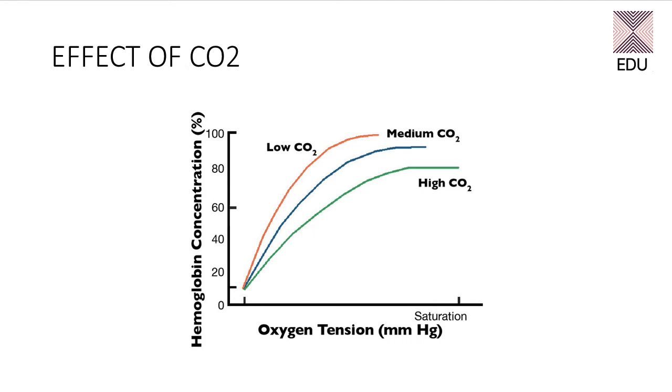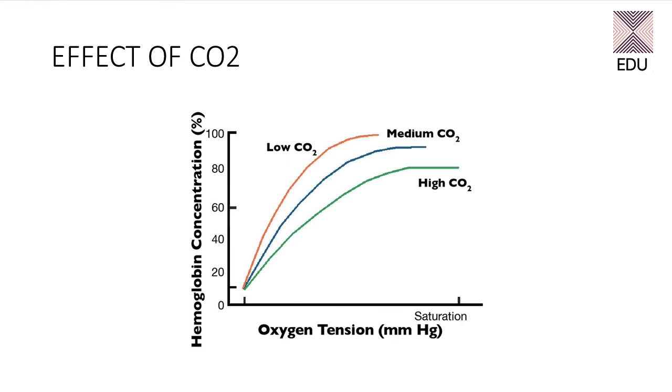If you take the blue curve, this is the medium CO2 partial pressure curve. As the oxygen tension increases towards the right side, the hemoglobin saturation with oxygen also increases. If the carbon dioxide is low, see the red colored graph, then more of the hemoglobin will be saturated with oxygen, so the curve goes to the left side.